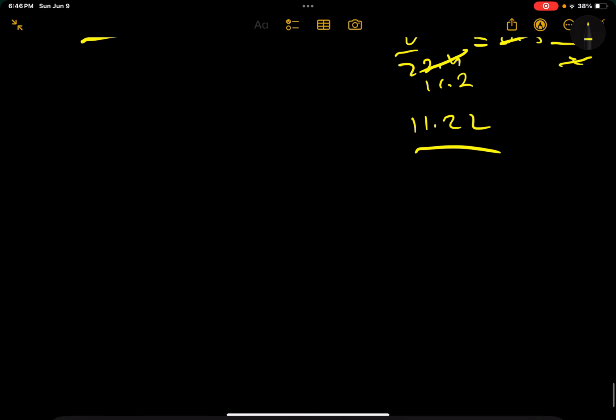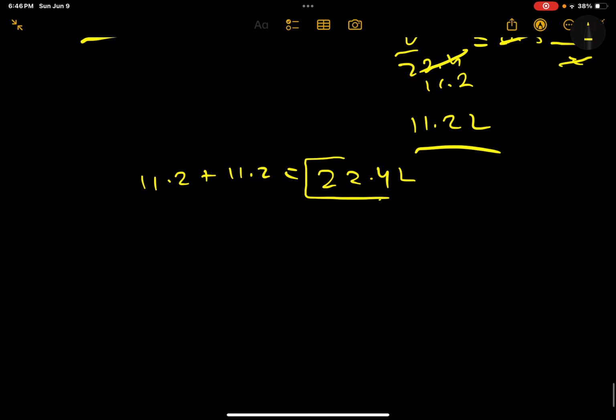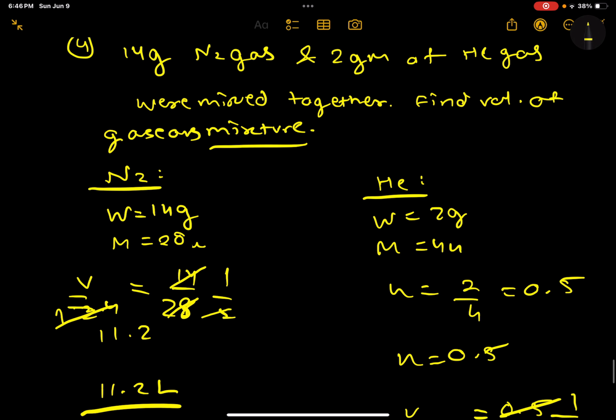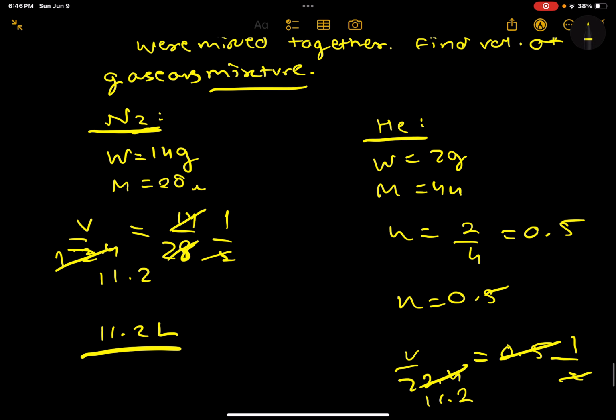So now we combine these, 11.2 plus 11.2, which is equal to 22.4. I'm so sorry, I messed that up. Over here we have diatomic nitrogen molecules, and I forgot that we have to take that number as well.